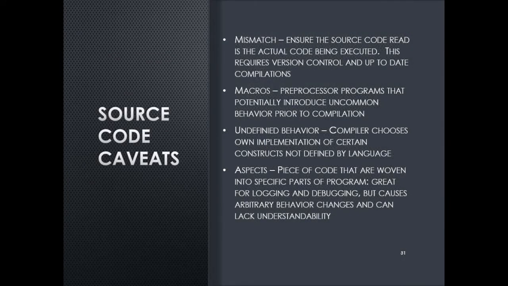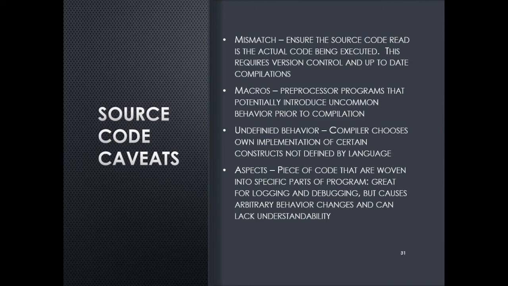Other caveats that you have to concern yourself with are the source code itself. Source code mismatch is an issue sometimes when you're working with large teams of people. If you don't have proper version control on the programming, then you could end up actually doing analysis on a piece of code that has yet to be compiled properly, or it's an old version of the code. So it's very important that you have good version control and up-to-date compilations.